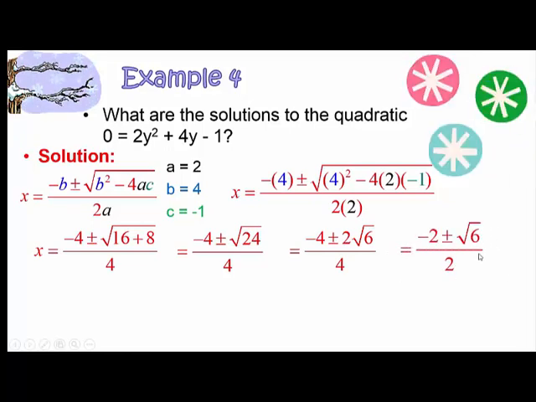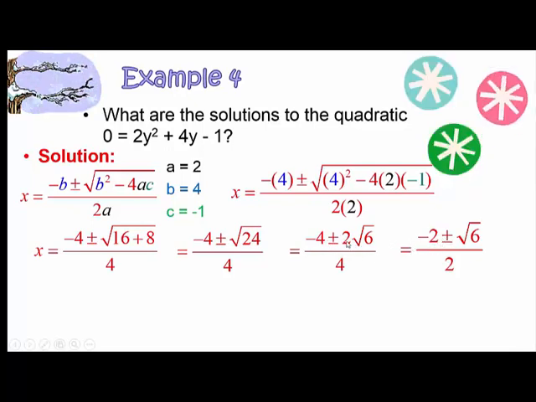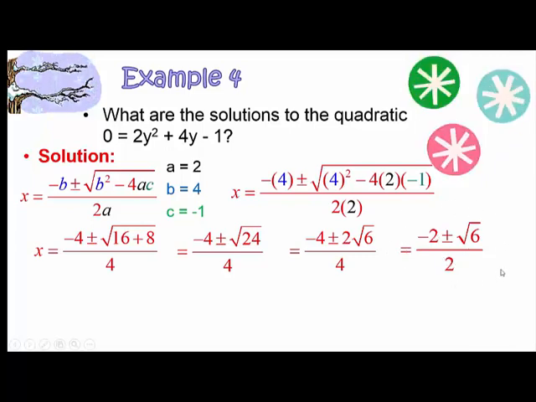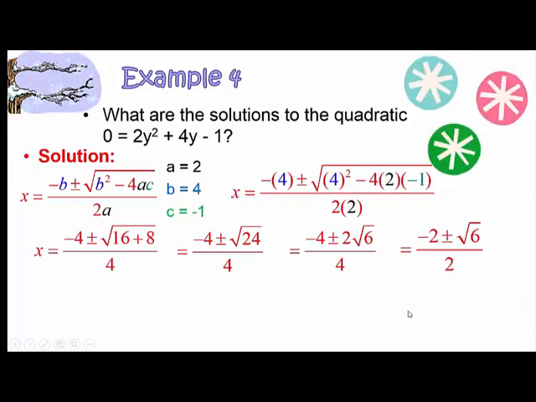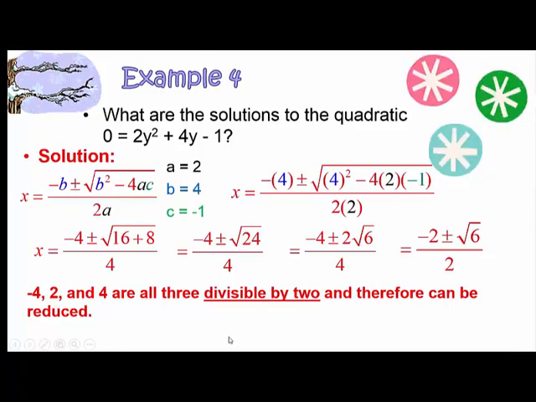And here it turns out that 2 goes into all of these, so 2 goes into 2, 2 goes into 4 2 times, 2 goes into 4 2 times, so we simplify it to this, since, as mentioned, these are all divisible by 2 and therefore can be reduced.